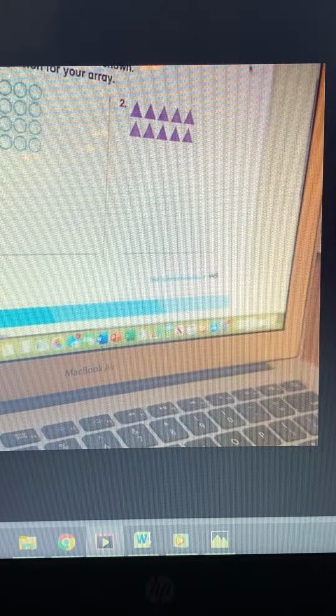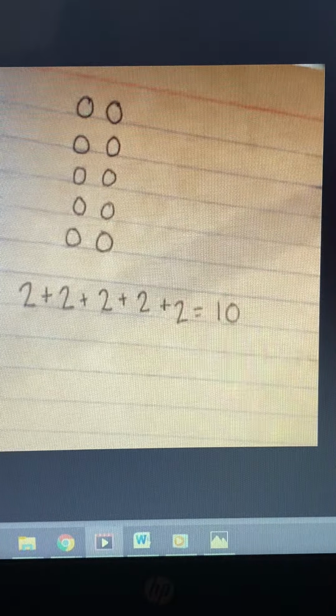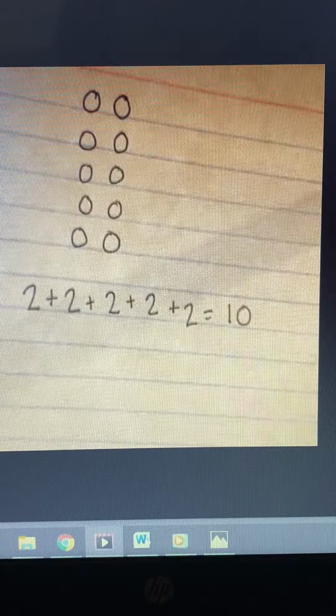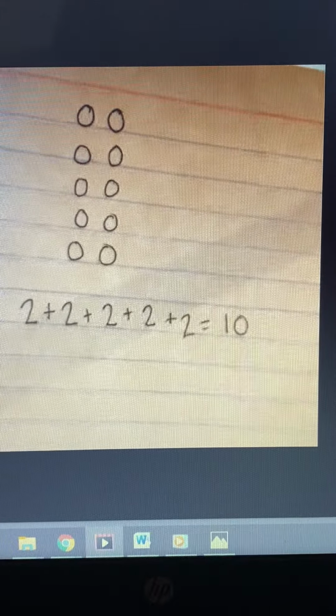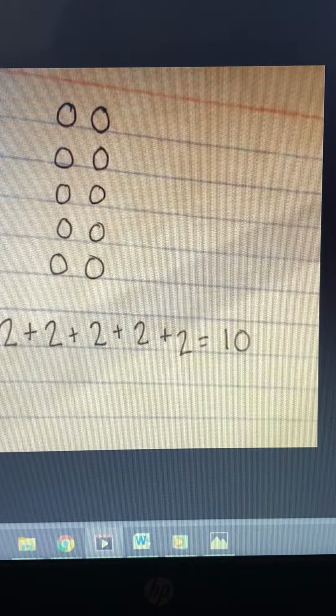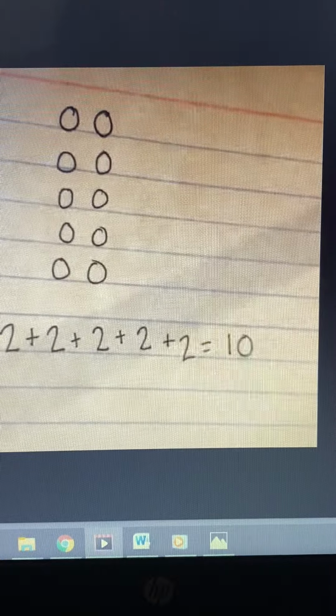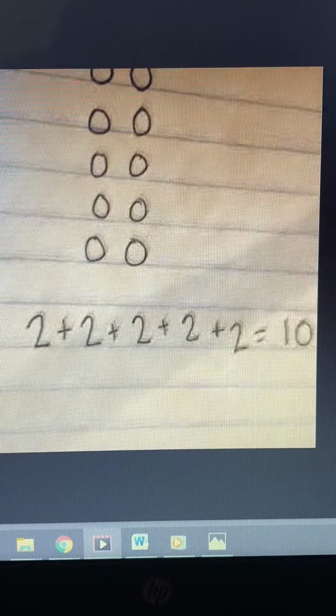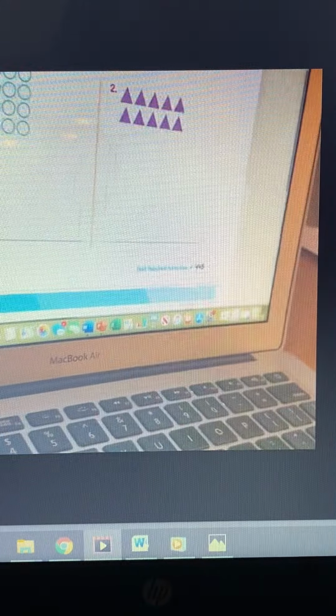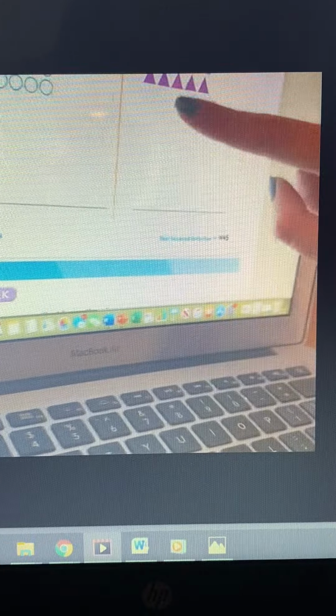For this one, boys and girls, you should have something similar to this. I have 5 rows of 2. So I said 2 plus 2 plus 2 plus 2 plus 2 equals 10. And this is also part of skip counting, right? 2, 4, 6, 8, 10. Make sure you have that all filled in. You should have another array here, another array right here, and then the equations on the lines.